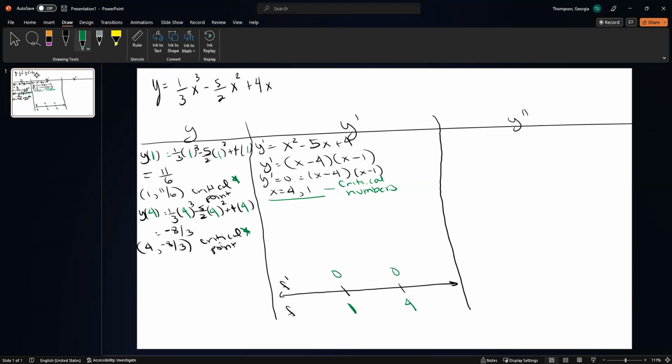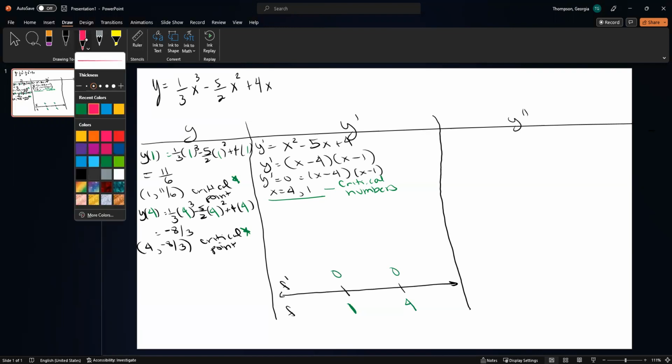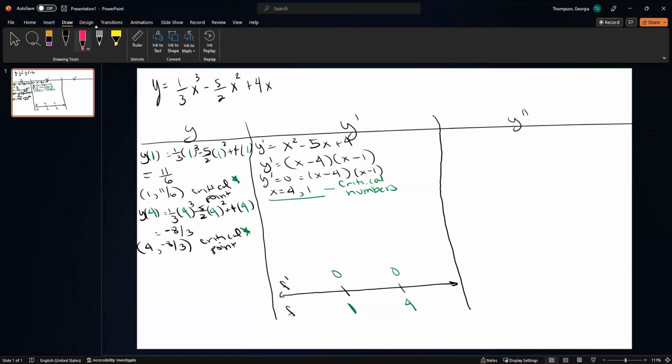Okay, so now what we want to know is when is the derivative negative and when is it positive? That tells us if our slope is going to be positive and when it's going to be negative, which means we can determine when f is increasing and decreasing. So we're going to find which intervals the derivative is positive, and which intervals the derivative is negative.